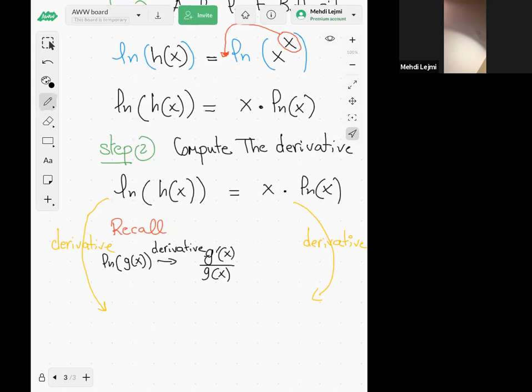So this natural log of h of x is like natural log of g of x, and so the derivative is g prime over g. So the derivative of natural log of h of x will be h prime of x over h of x.